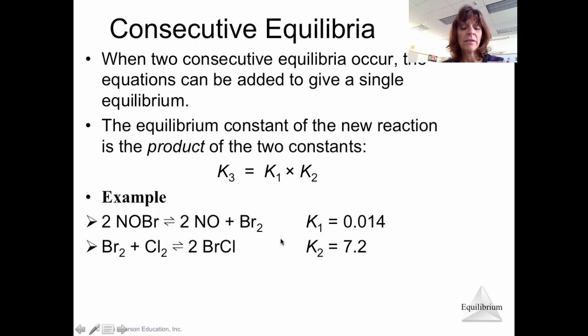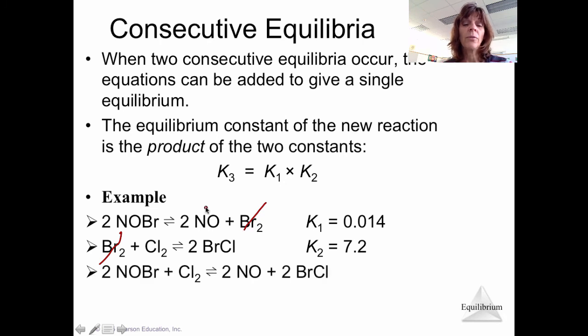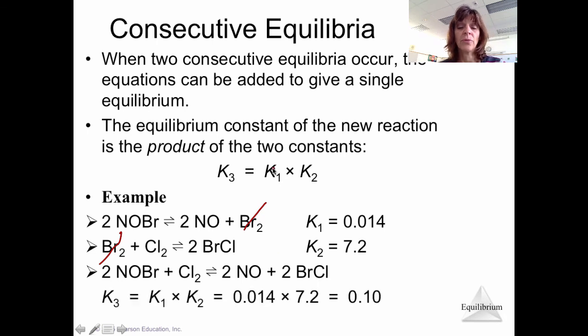Now if you notice, the bromine is an intermediate. It would cancel out. So you can write an overall reaction of 2 NOBr plus chlorine yields 2 NO plus 2 BrCl. To calculate the equilibrium constant for these two reactions combined, you take K1 times K2, and you get 0.014 times 7.2 to get 0.10.